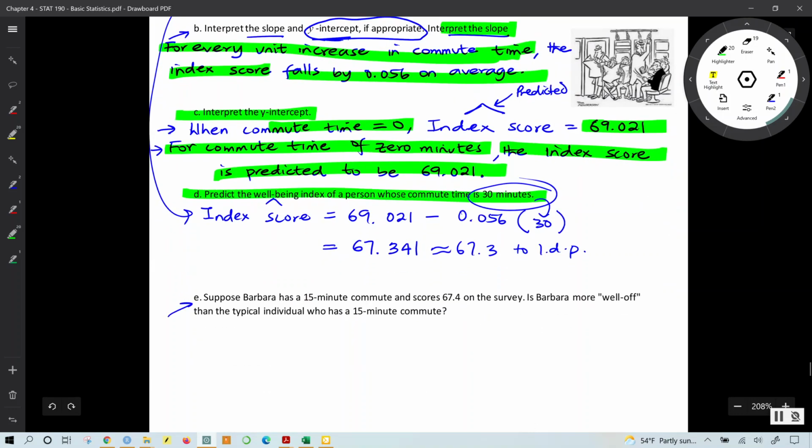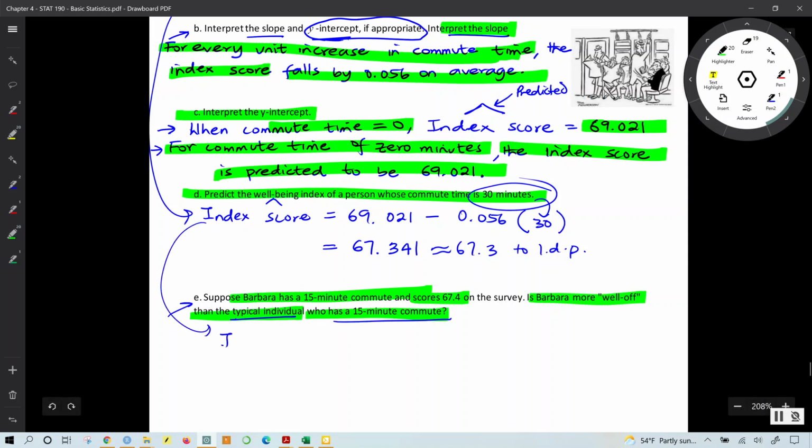Now the next question is, suppose Barbara has a 15-minute commute and scores 67.4 on the survey. Is Barbara better off than the typical individual who has a 15-minute commute? The first step here is to look at the index score for a typical individual who has a 15-minute commute.